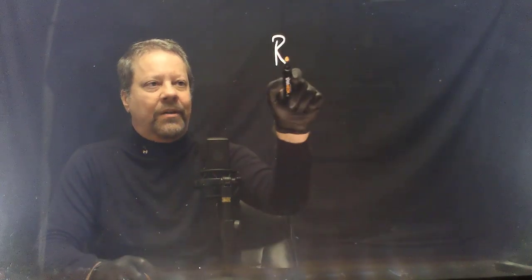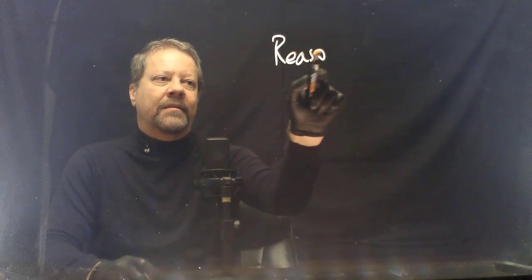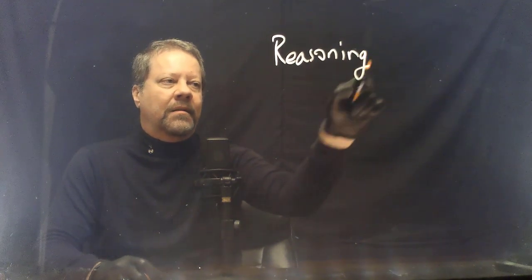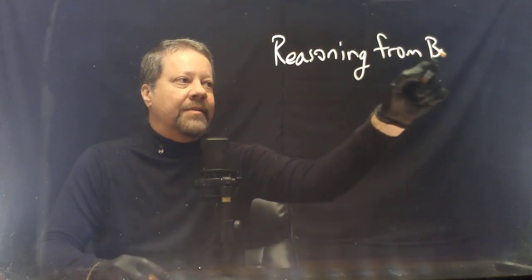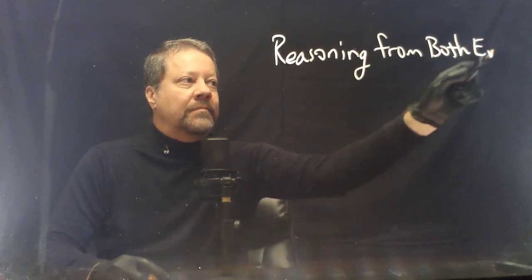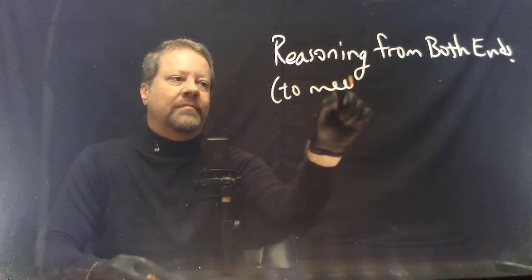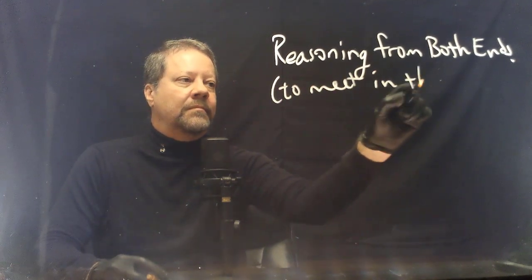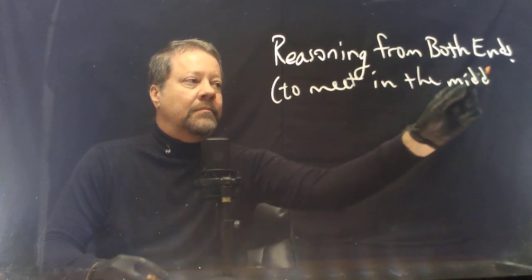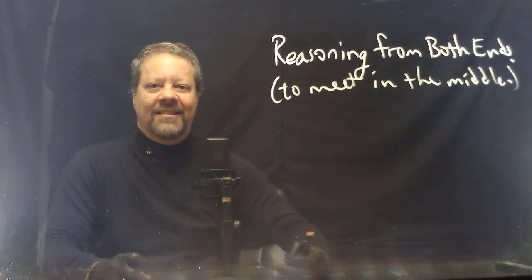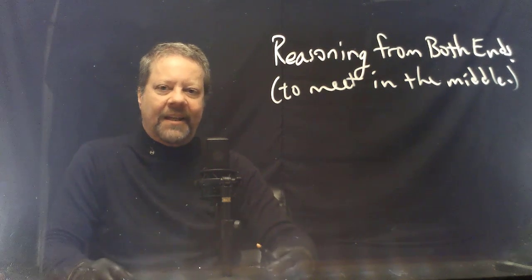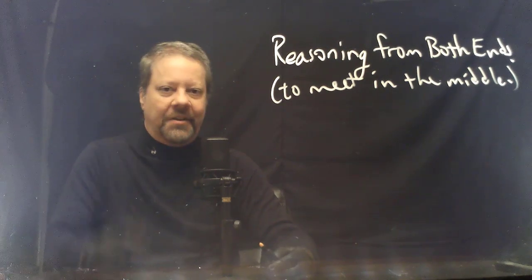We're next going to look at a strategy where we reason from both ends to meet in the middle. So you work on both sides of something and try to meet in the middle, and then you can declare the end of the problem.